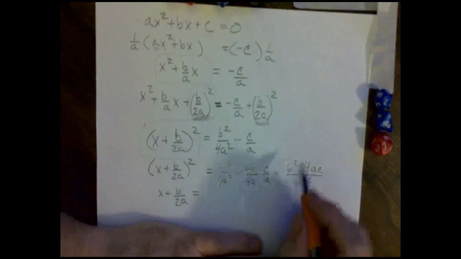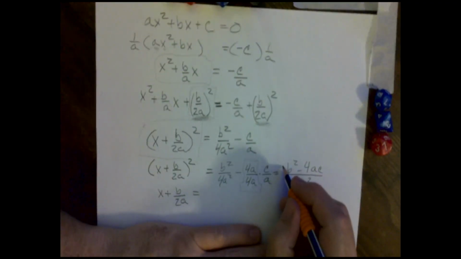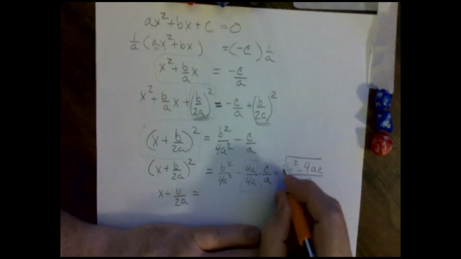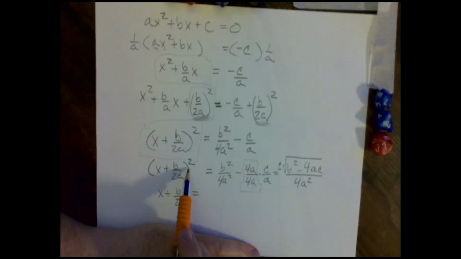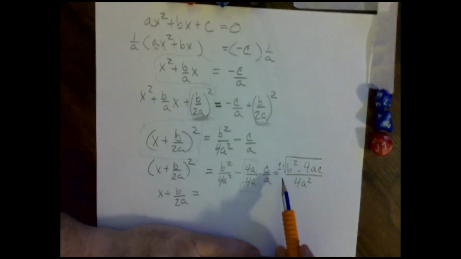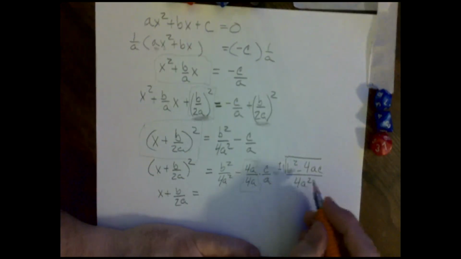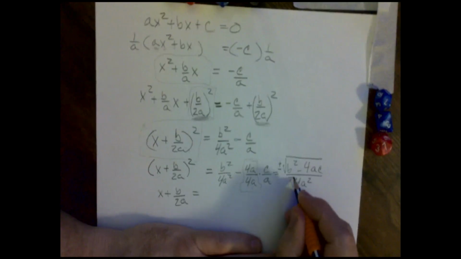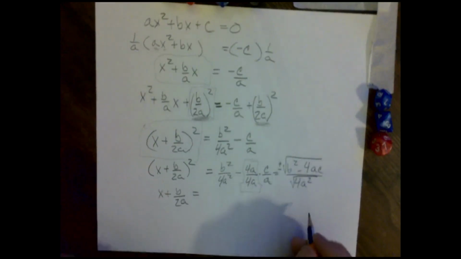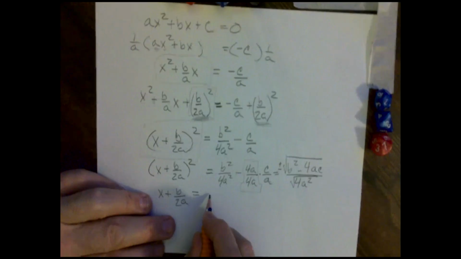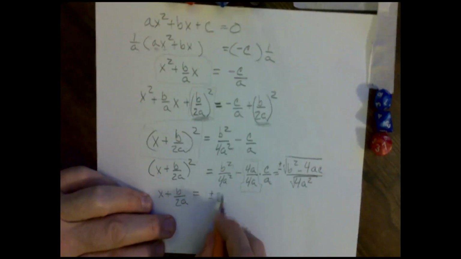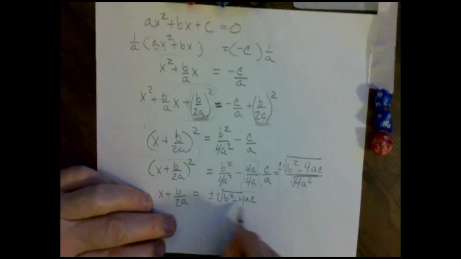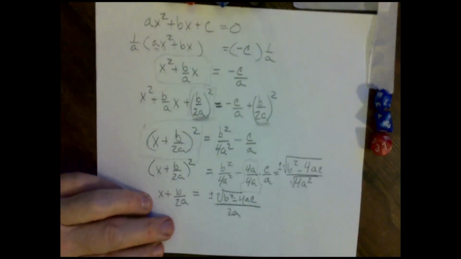Over here, we have plus or minus, because this is something squared. So this is plus or minus, and we'll square root this. So this is plus or minus this radical, b squared minus 4ac, and the denominator just becomes 2a.